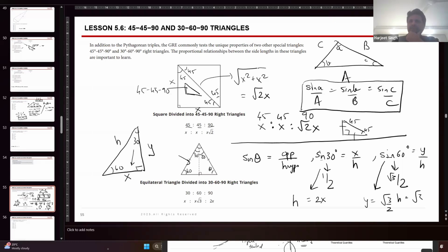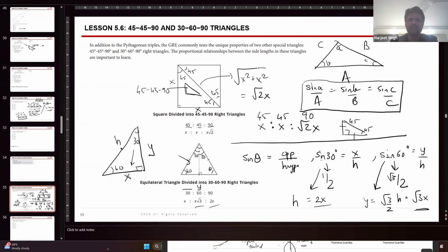So we get y is equal to root 3 x. So the side opposite to 30 is x, the side opposite to 60 is y, which is root 3 x, and the side opposite to 90 is the hypotenuse, which is 2x.